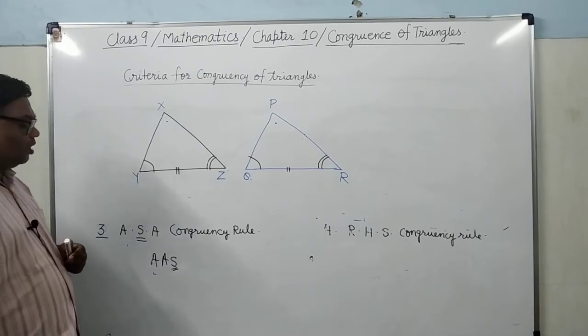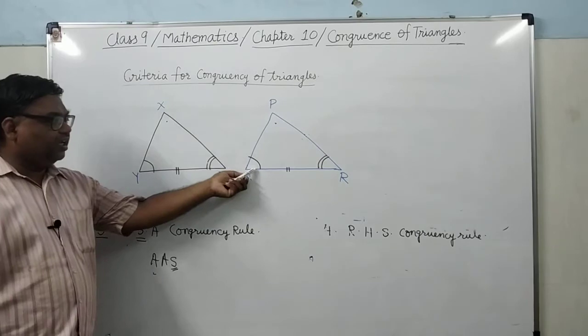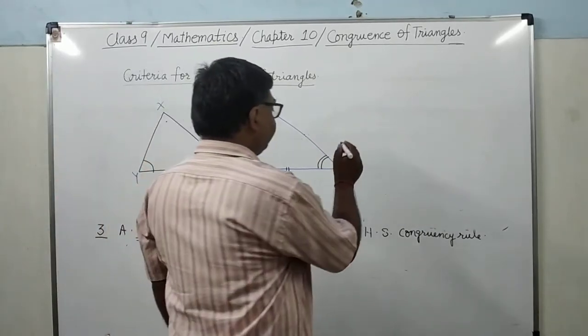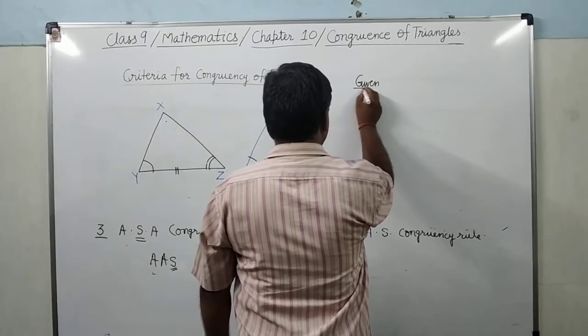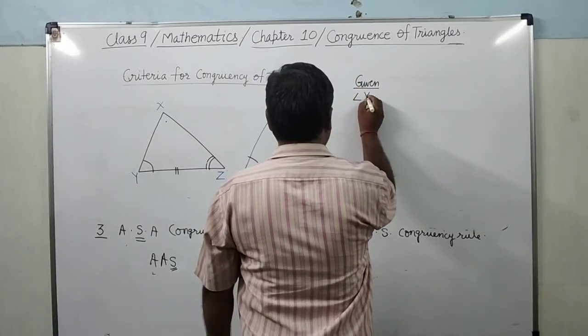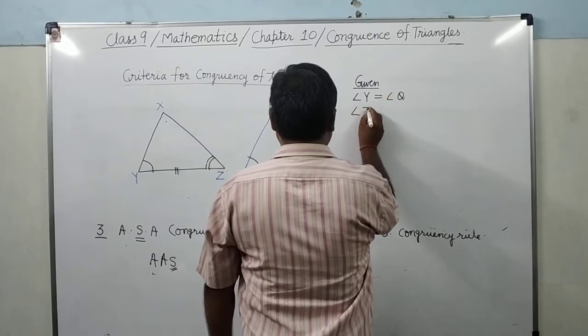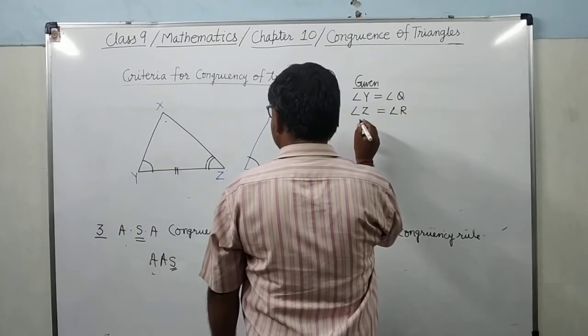But in case it is like this, YZ is equal to QR, then you can see here ASA congruency will apply. Means what is given here, you can see angle Y equals angle Q, angle Z will be equal to angle R. It's clear?